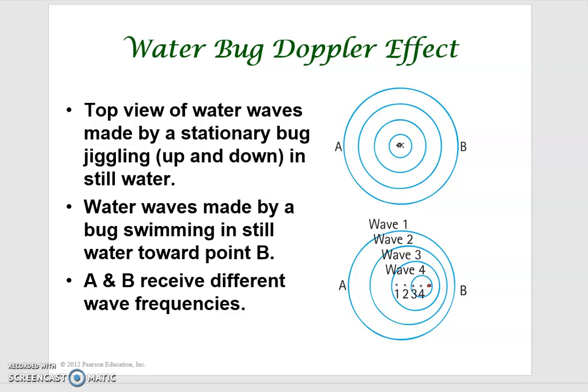Because the wavelength is no longer the same, the frequency received by points A and B is no longer the same. And this is the concept of the Doppler effect, simply due to the relative motion of the source and observer. The wavelength measured has been changed.